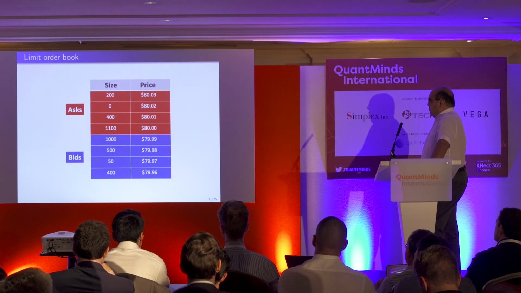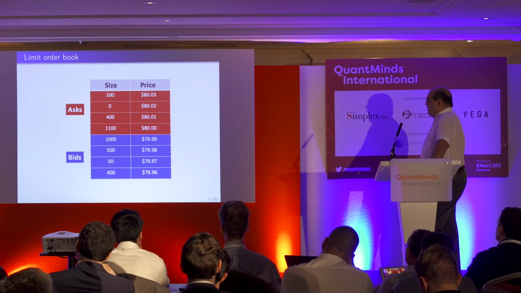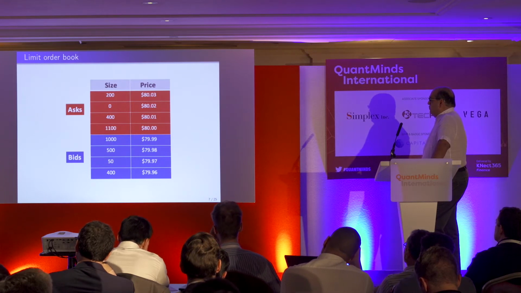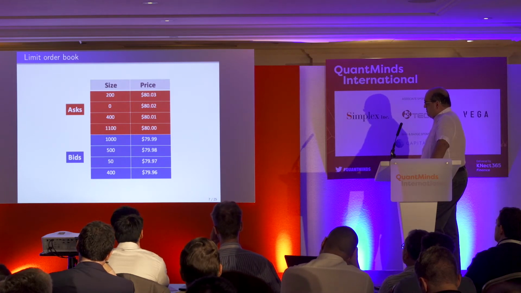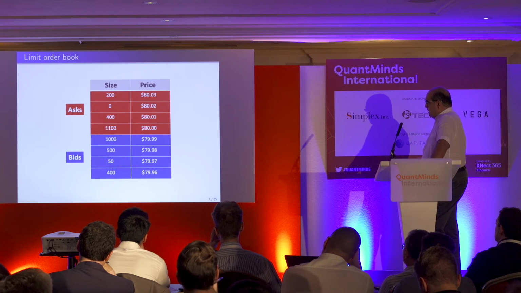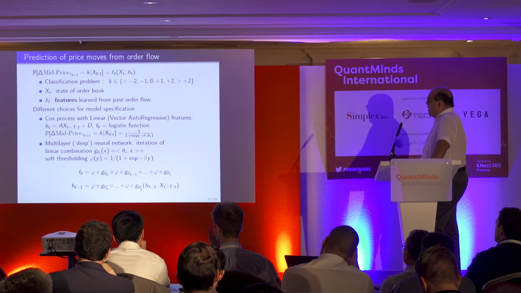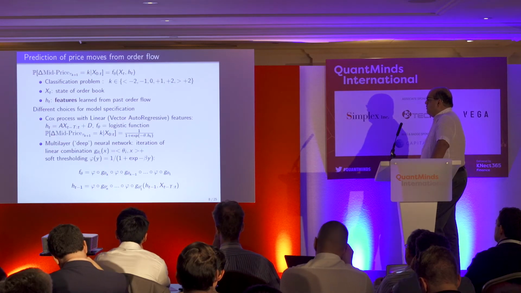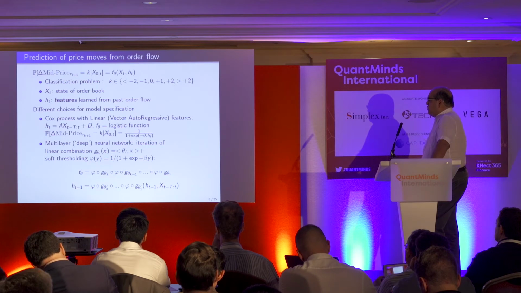Okay, so the type of snapshots that we have in the data look like this. For each tick in the data set, we have the full order book for each stock. I think everybody knows here what that is. So we have the price and size. But you can think of the problem of forecasting the price direction as a classification problem.